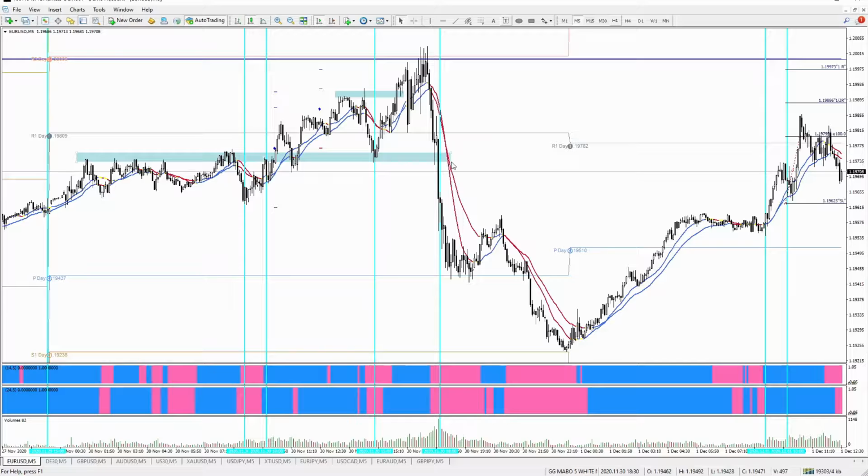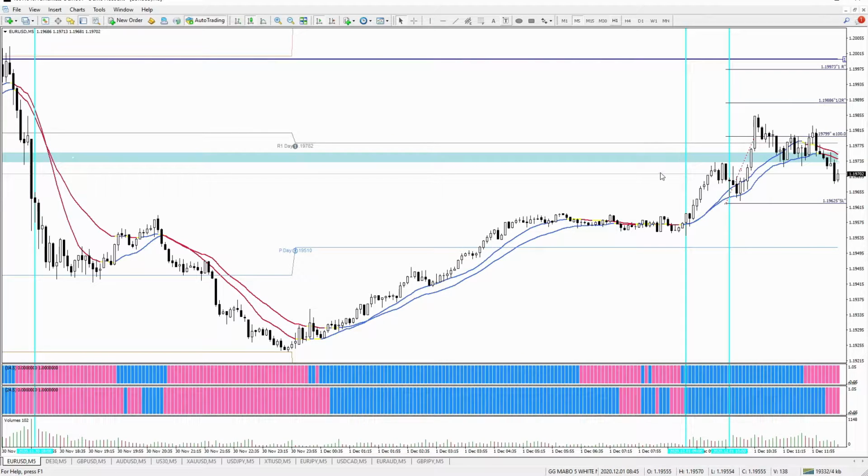It's always quite useful to prolong these areas to see if the market is still thinking about this as an important area. And when we start opening, these vertical lines are Frankfurt Open and London Open. We start trading after London Open.